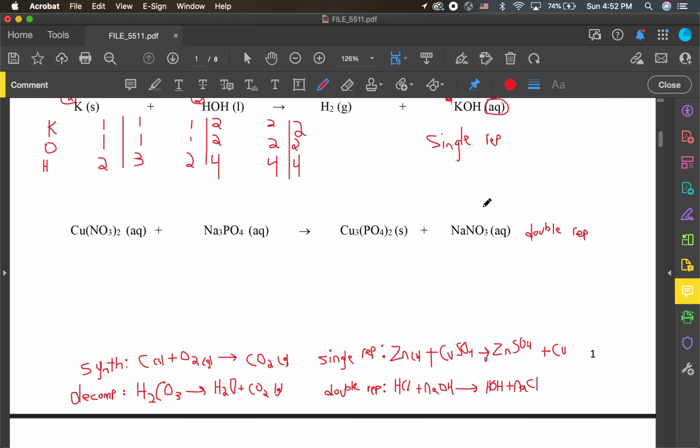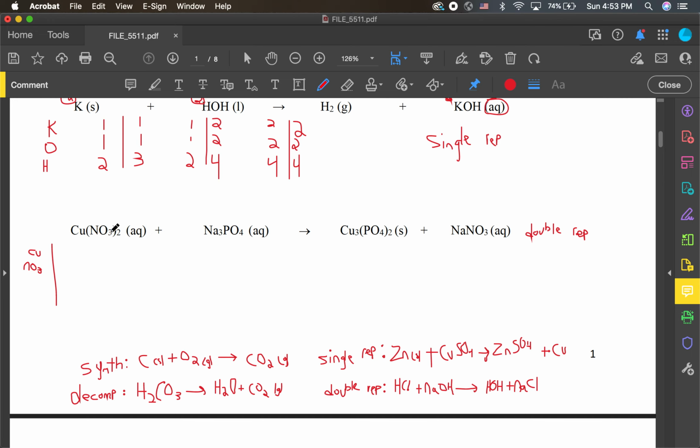Okay, let's see if we can balance this bad boy. So let's see. We've got a couple different things here, but I'll show you how we're going to write these. Copper is one of them. NO3 is going to be one of them. And the reason we're going to write these as the actual molecule is because you can see how they wrote these right here in parentheses.